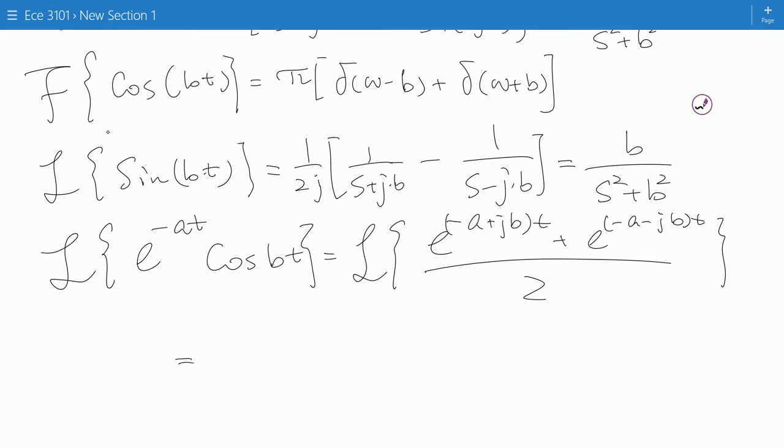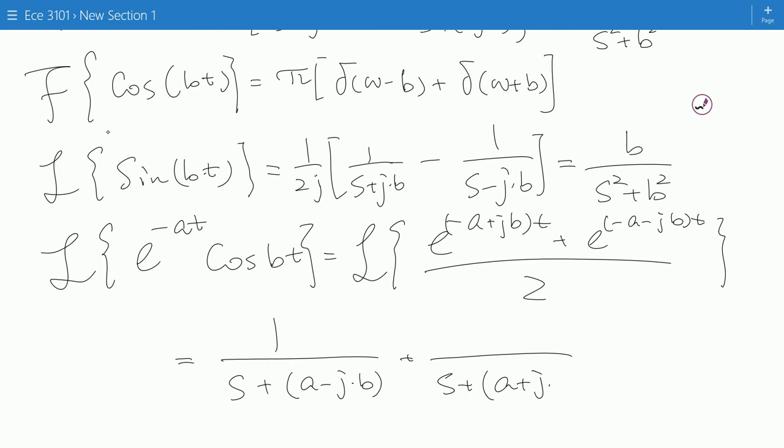So the first term will be 1 over s plus a minus j. We should apply the negative sign, so that's why we have a minus j. Second term, s plus a plus j, and we have 1 there.